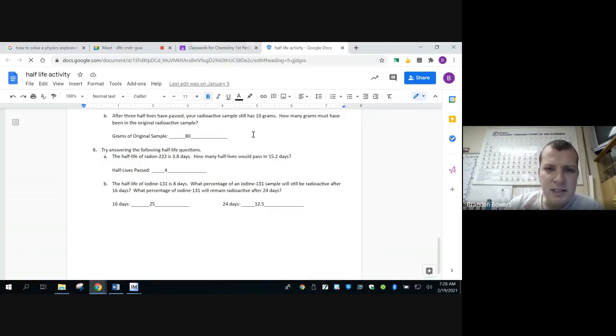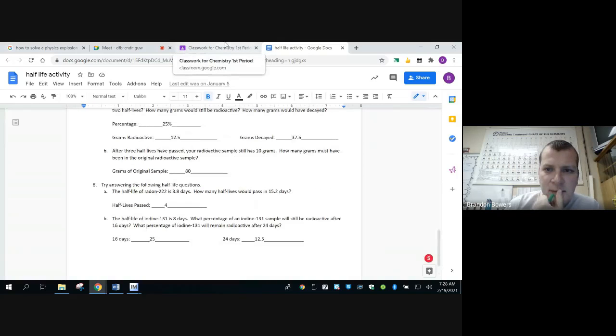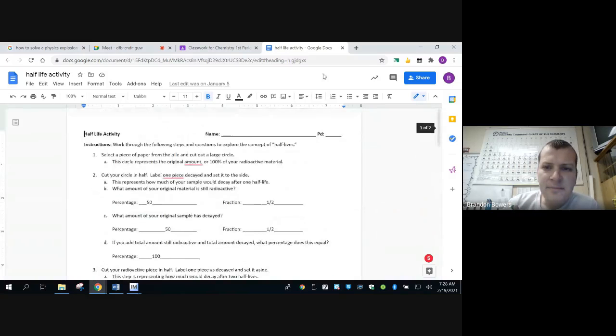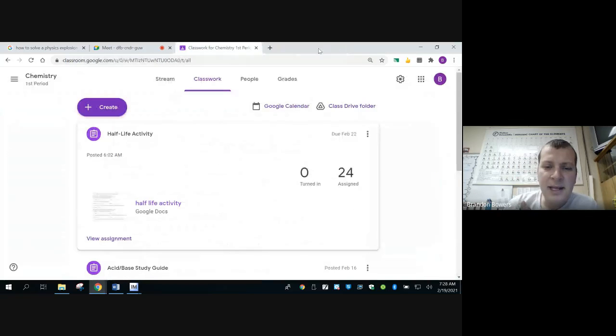I might need to change that. You're going to essentially cut the paper in half and see how much decayed. Rip another one in half. How much decayed? Rip another piece in half. See how much it decayed, and analyze the final results.